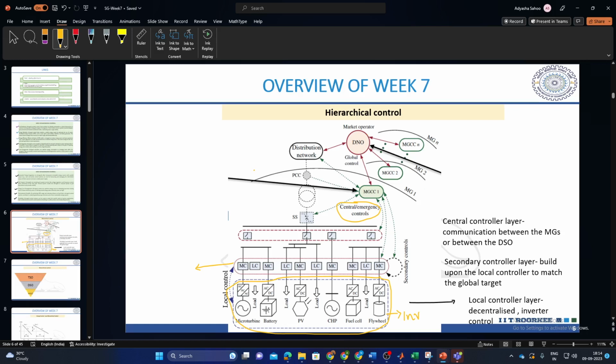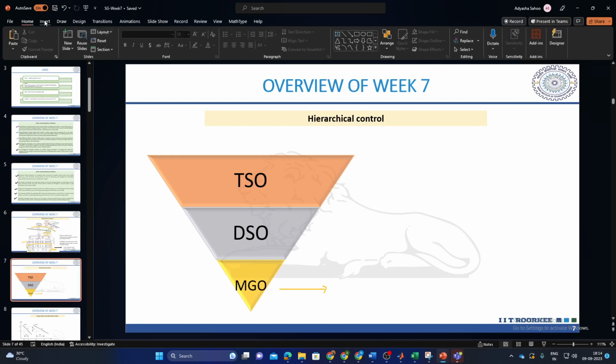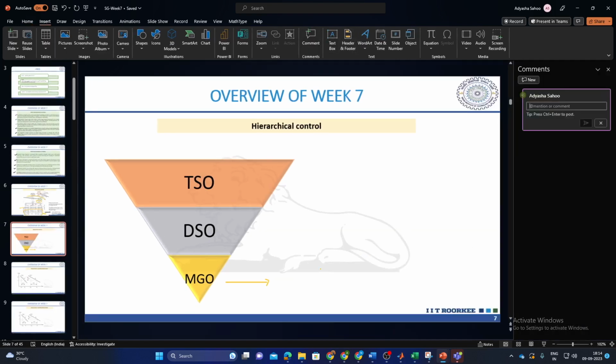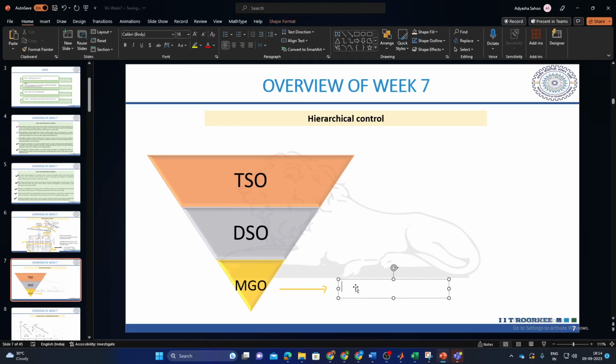So basically here we have different microgrids within a distribution system. As you see in the hierarchy, at the bottommost layer we have one microgrid operator, and what will be the responsibility of the microgrid operator?